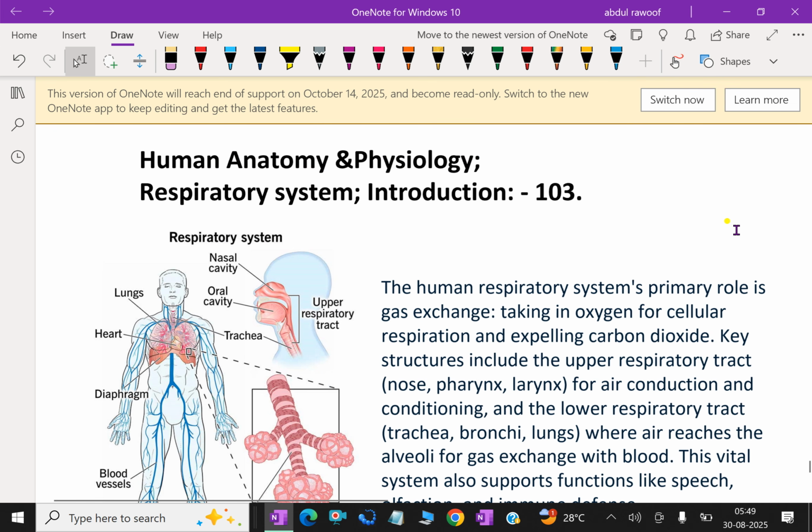The human respiratory system's primary role is gas exchange: taking in oxygen for cellular respiration and expelling carbon dioxide.